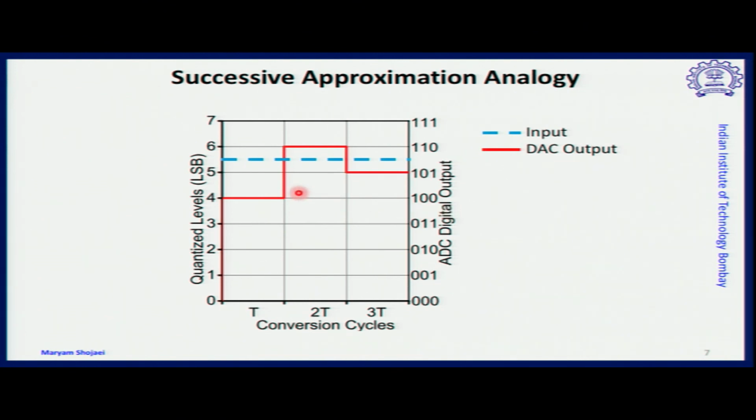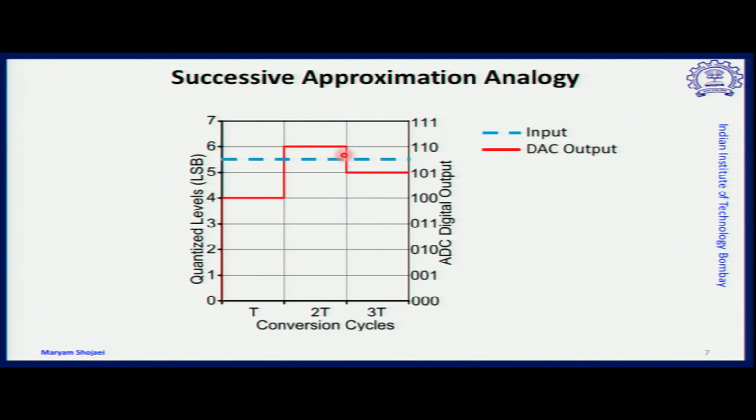The input is compared with the quantized analog equivalent of this code, which is coming at the DAC output. If the input is more than this quantized level, the next bit becomes 1 without changing the MSB. Therefore, the next code becomes 110.